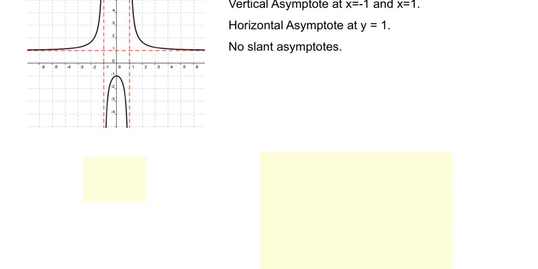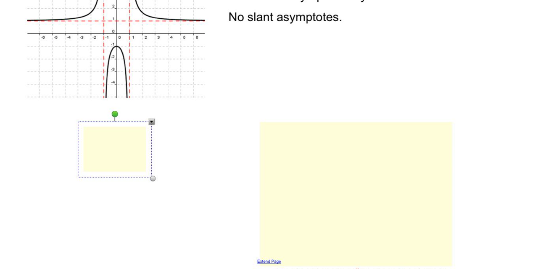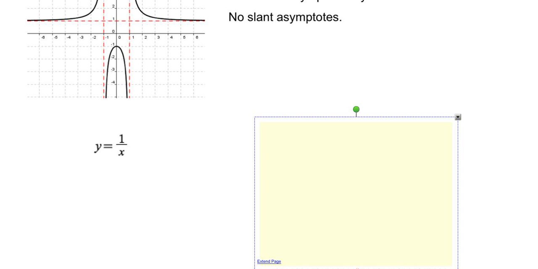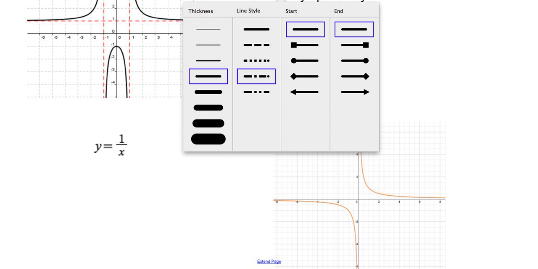Okay, so we've already seen a graph with asymptotes before, because we have graphed y equals 1 over x, which we know looks like this. So we can see that there's both one vertical asymptote and one horizontal asymptote.